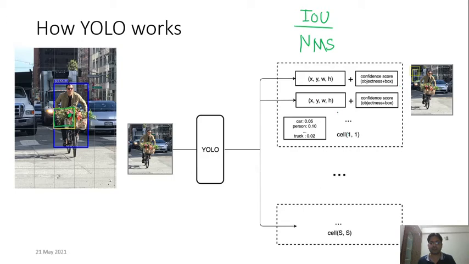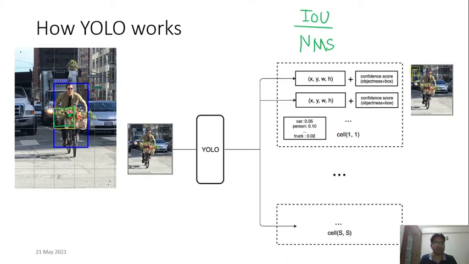Then it will produce another one, right? Now if it is producing multiple boxes for one cell, then you look for the confidence score, and the box which has the highest confidence will be selected, right? This is done through all the cells.